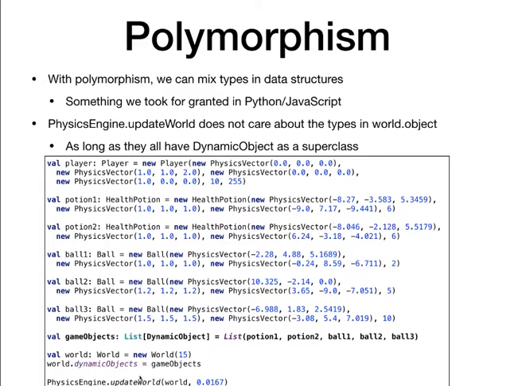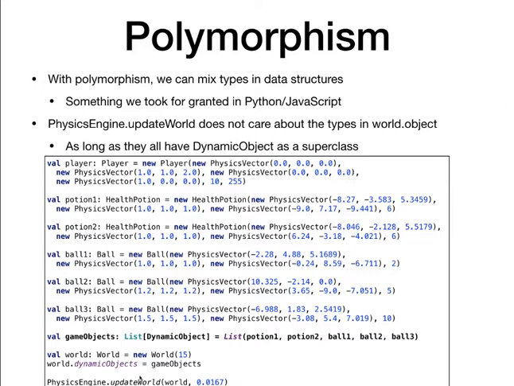It wants a list of dynamic objects. I'm going to give my game world all those dynamic objects, and now I run update world through the physics engine, and that physics engine does not care that it has players, balls, health potions, or whatever else we dream up in the future. Does not care as long as we're extending the dynamic object class.